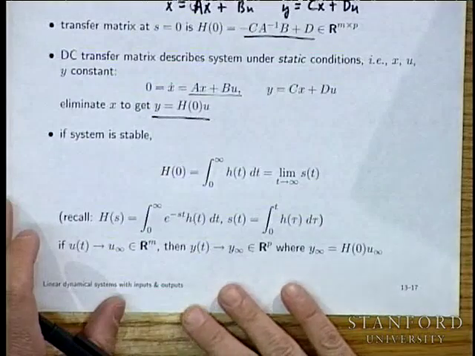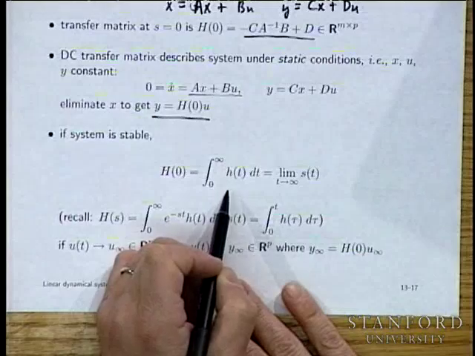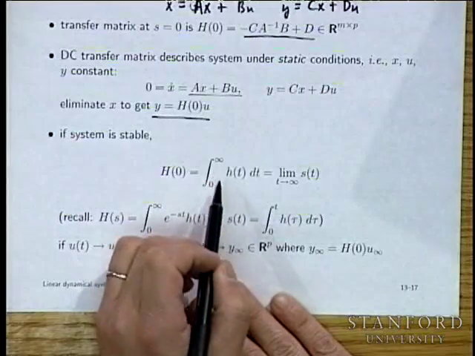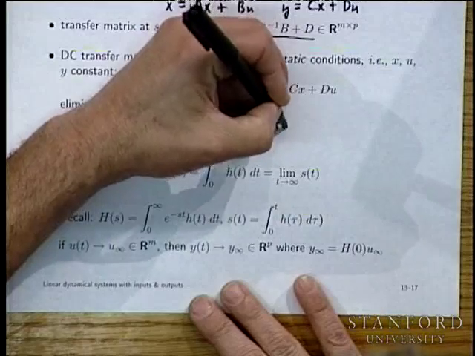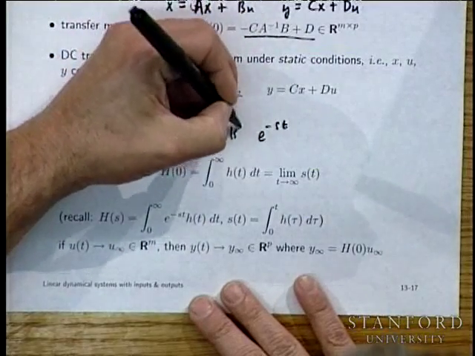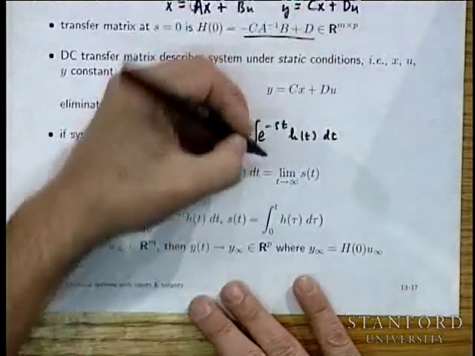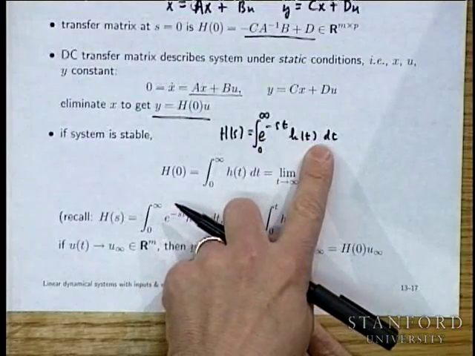Now, if the system is stable, this is the integral of the impulse response. This just follows from the Laplace transform: H(s) is the integral from 0 to infinity of e^(-st) times h(t). You plug in s = 0, and it's the integral.